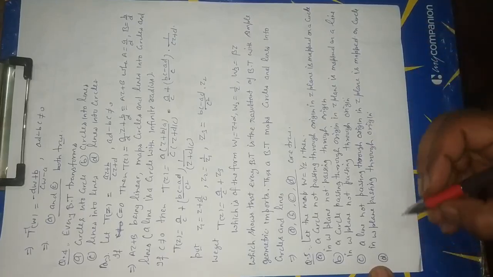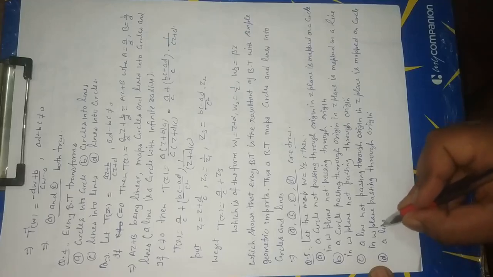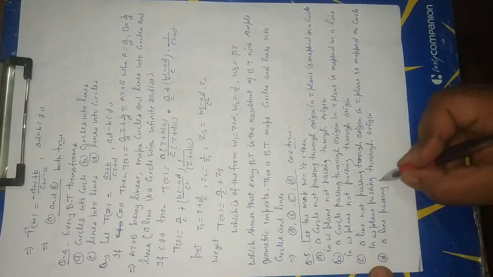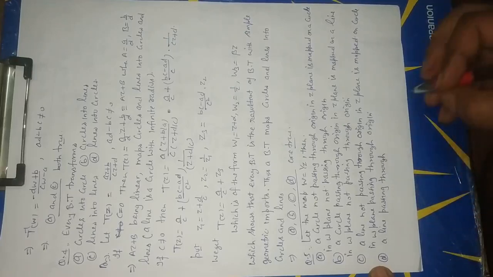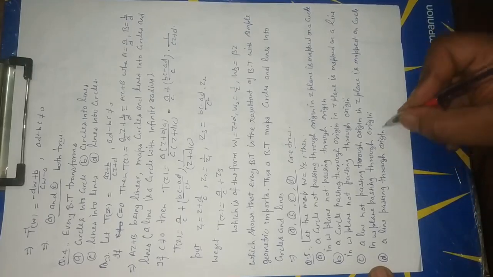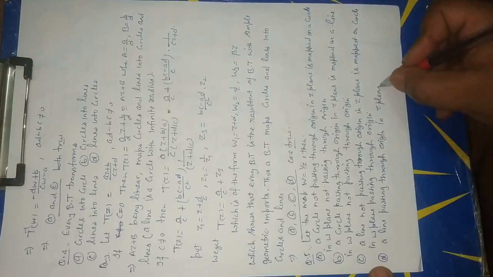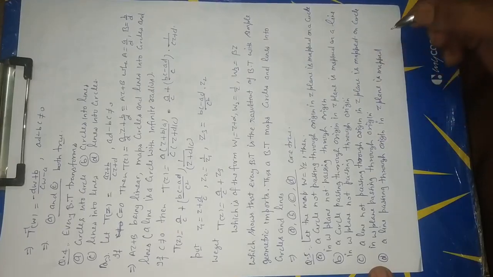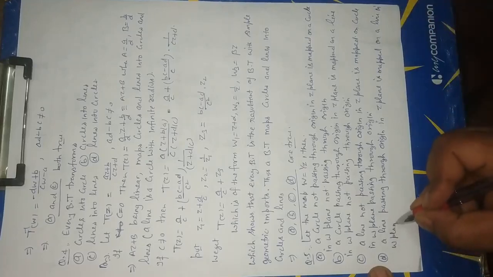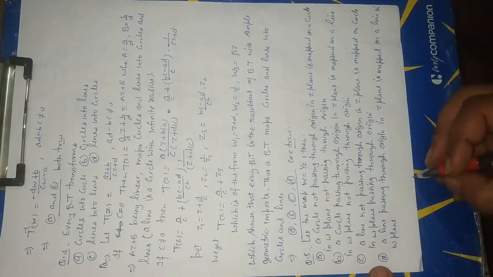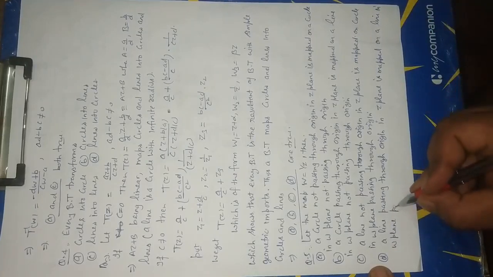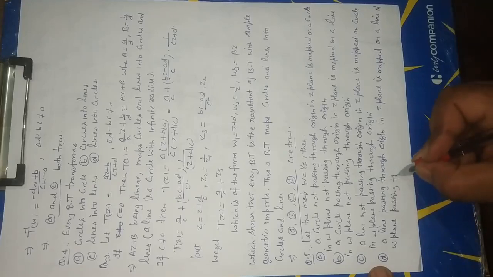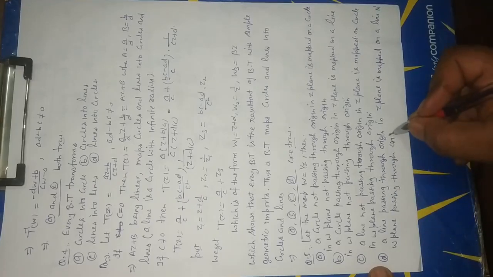Now D option, a line passing through origin in z plane is mapped on a line in W plane passing through origin.